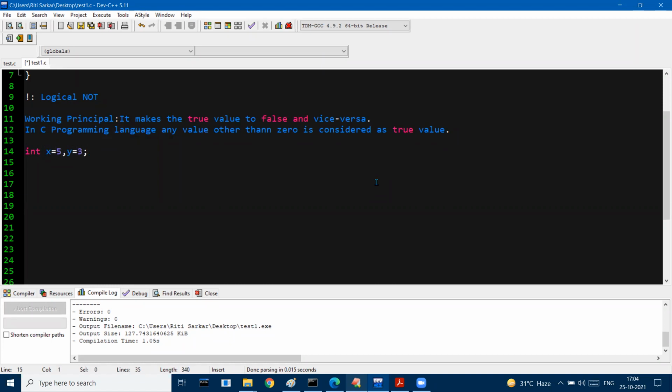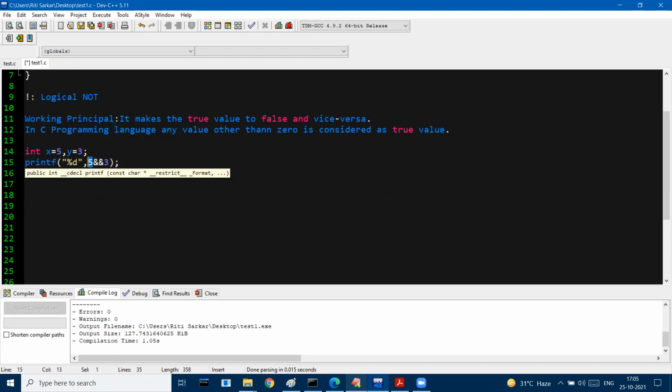But suppose you write printf %d, and you write 5 and 3. What is this operator? This is the logical AND operator. You consider this 5 as a 5, okay, no problem. But do you think logical AND also considers this 5 as a 5? No. Logical AND will consider it as a true value or false value.